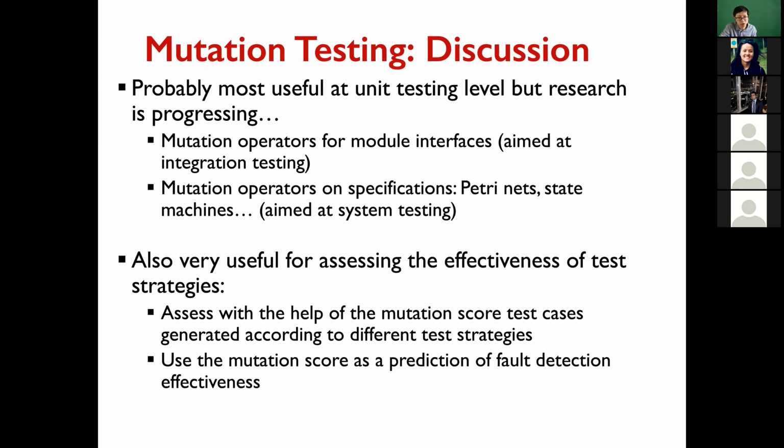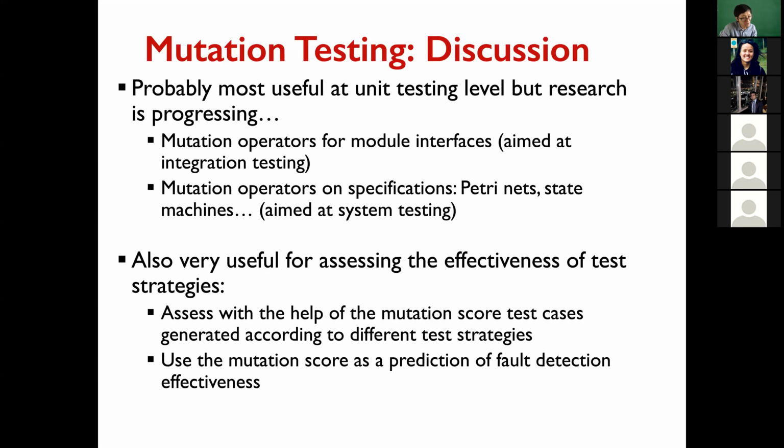Mutation testing is also a useful way to assess the effectiveness of test strategies. You have different strategies to generate test cases, and whichever strategy has a higher mutation score can determine which test strategy is better, right?